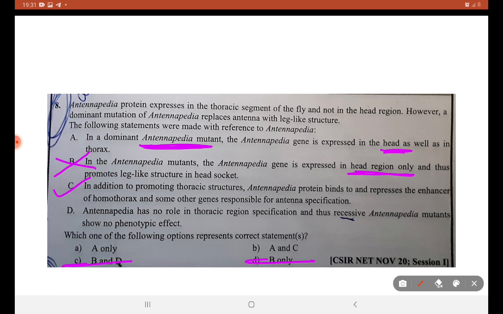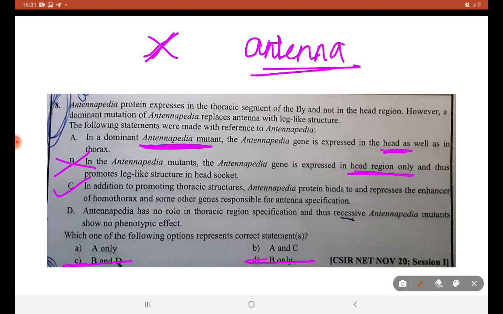Right answer. If Antennapedia is mutated, legs will form in the head. Recessive mutation of Antennapedia will result in antenna formation in thorax. This is the idea. A and B is the right option.